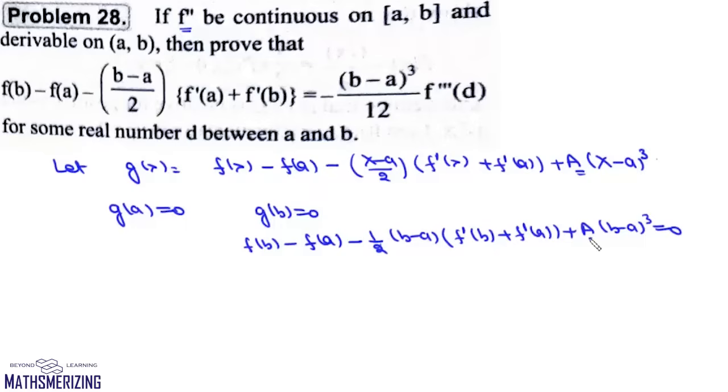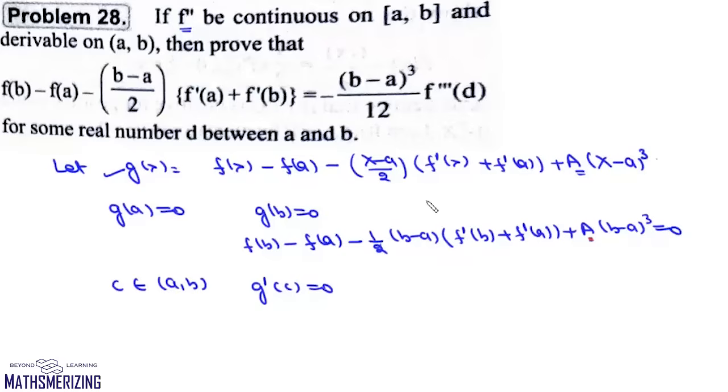Now we need to find the value of this A. Since this function is continuous and differentiable and g(a) = g(b), there exists a point c in the interval (a, b) such that g'(c) is 0.